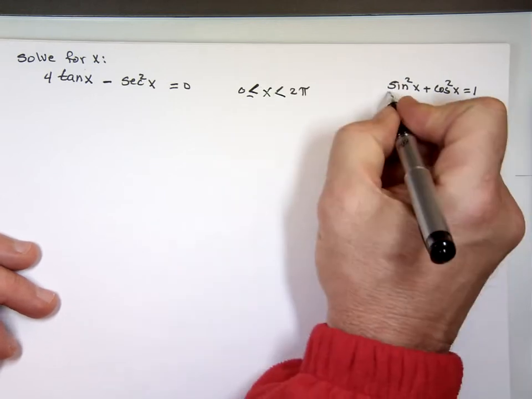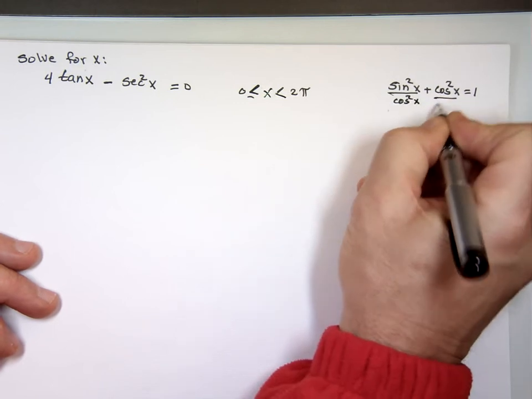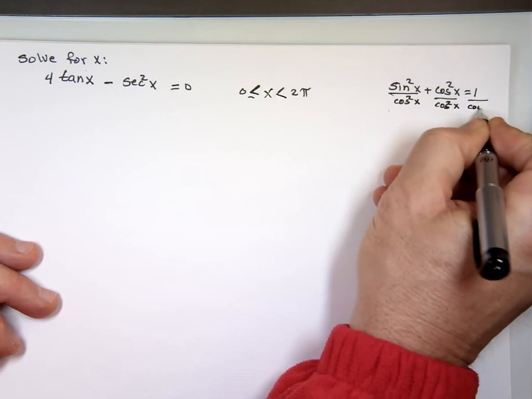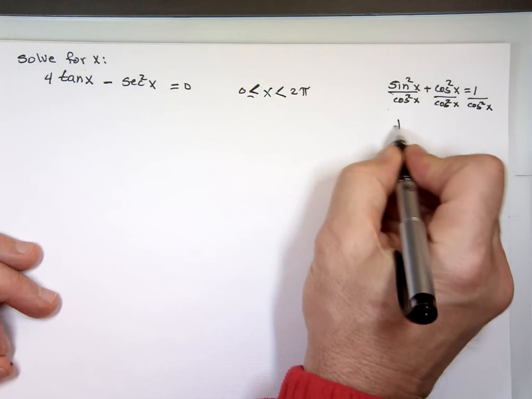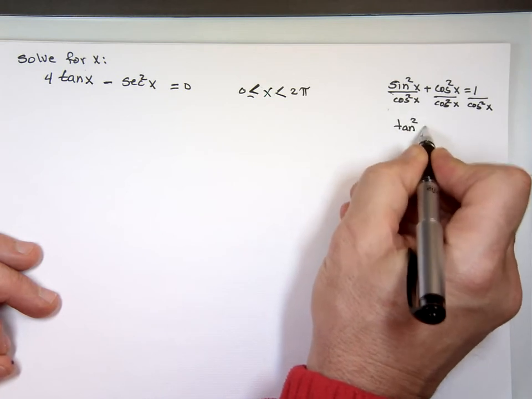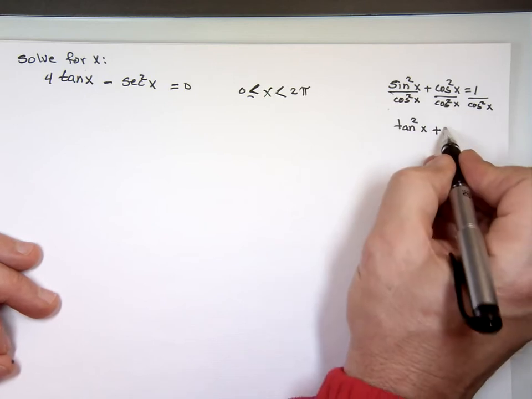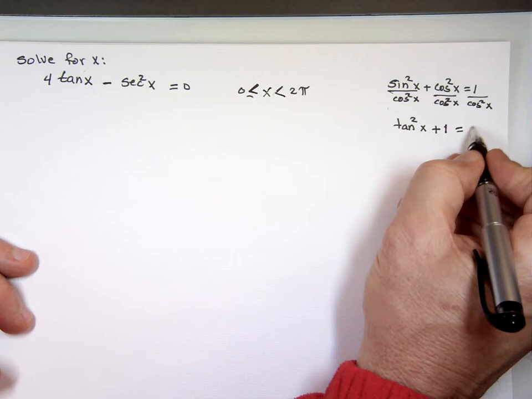So let me write it down. What's sine over cosine? Tangent. That's tangent squared x. What's cosine squared over cosine squared? 1. What is 1 over cosine? Secant, that's secant squared x.